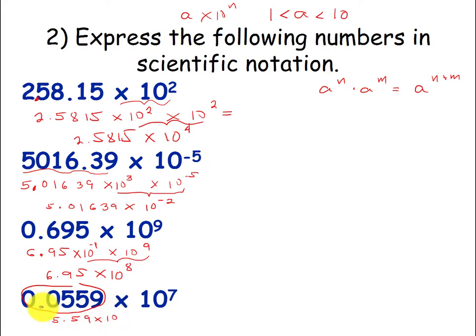Now we move our point 1, 2 decimal places. Now, since our original number is less than 1, the exponent should be negative. Alright, bring down our 10 raised to 7. So let's simplify this one first. 10 squared times 10, this should be a negative.